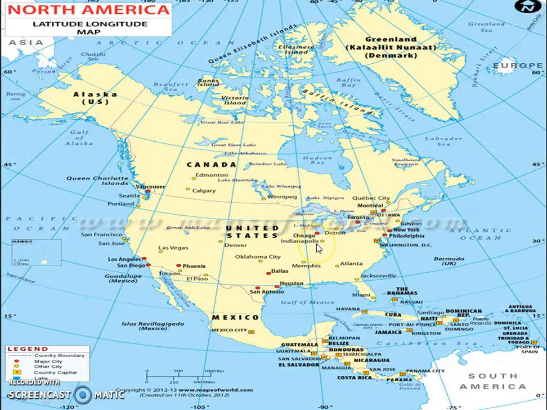So do open your physical atlas, your atlas book, your physical map of North America, not USA, we are learning continents. Do locate the Rocky Mountains and the Appalachian Mountains. Apart from that, you can also use a magnifying glass.